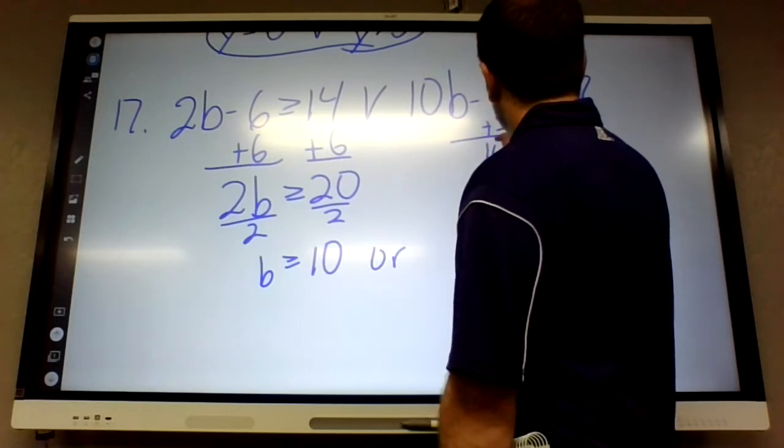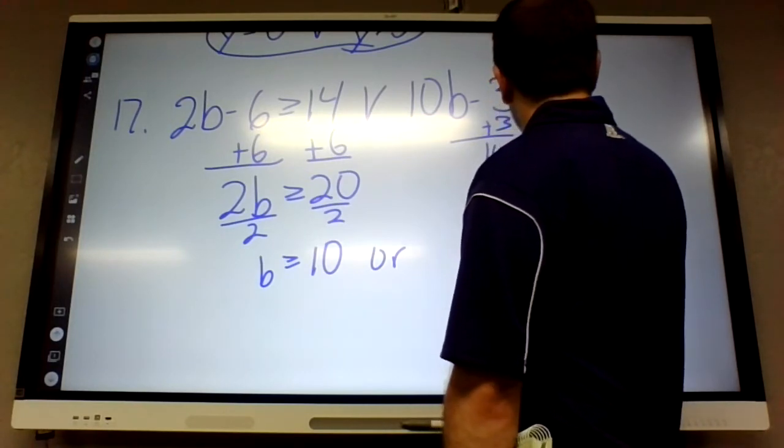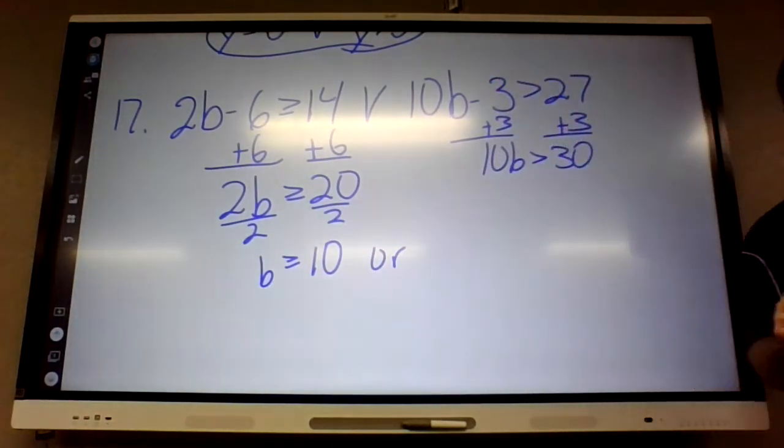Can we just put or instead of the disjunction sign? Because it looks confusing, like it's a B. Oh yeah, I don't care.